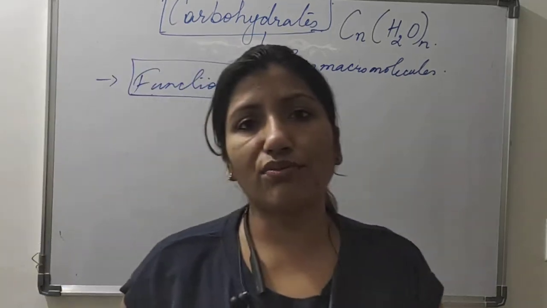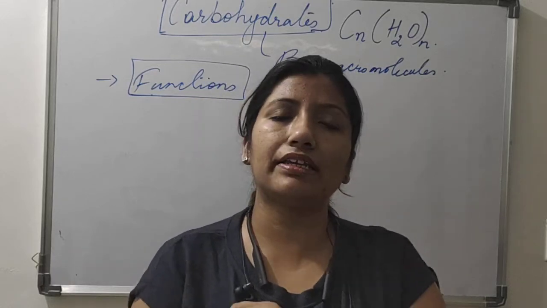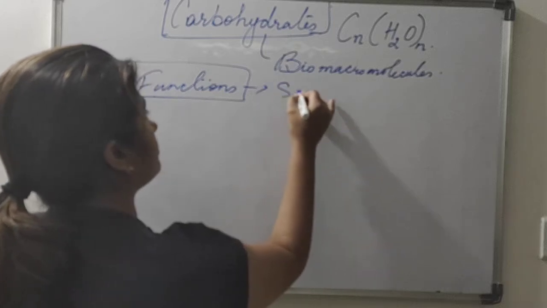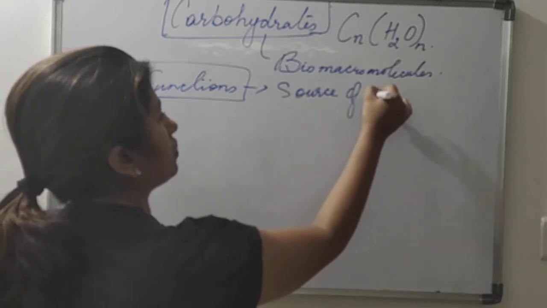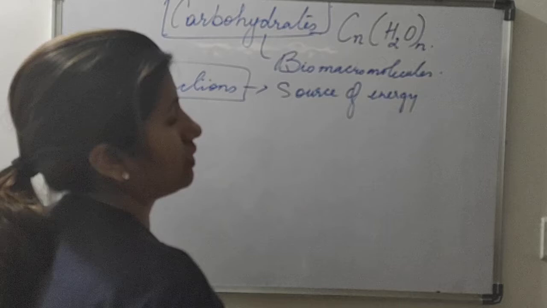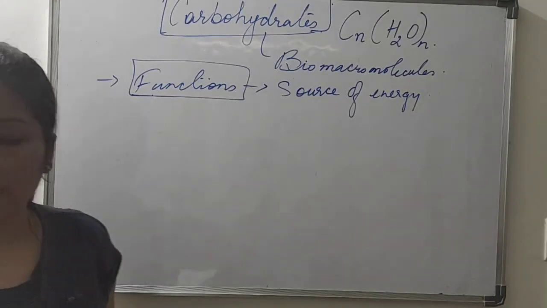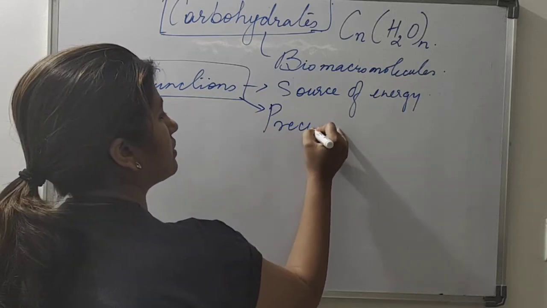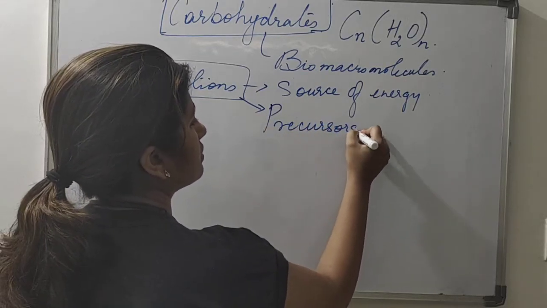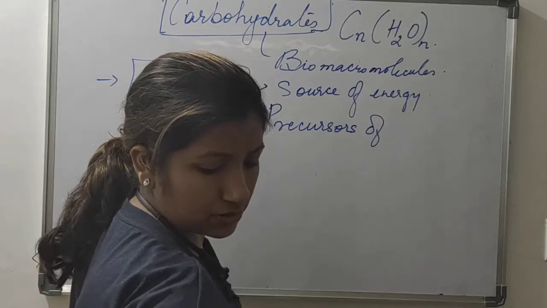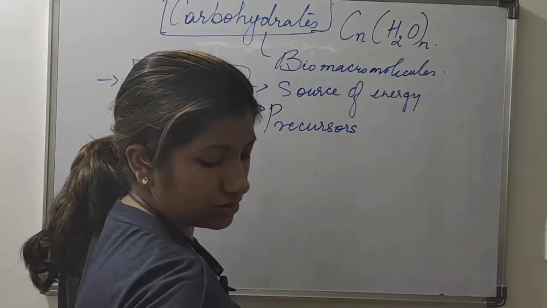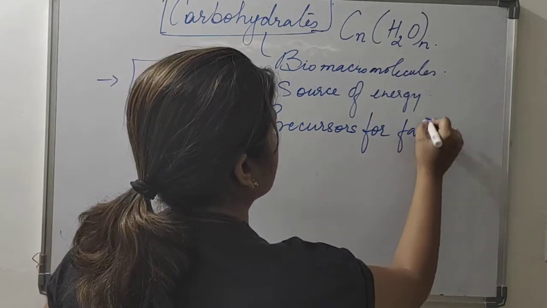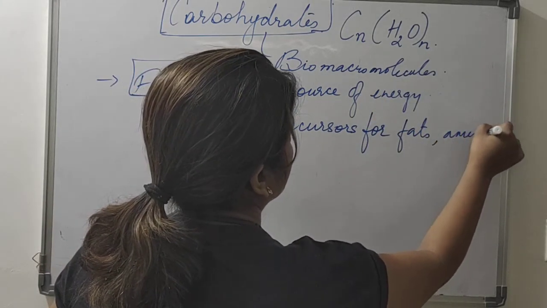The functions of carbohydrates are mainly that they are used as a source of energy, and they also act as a precursor for many other biomolecules such as fats and amino acids.